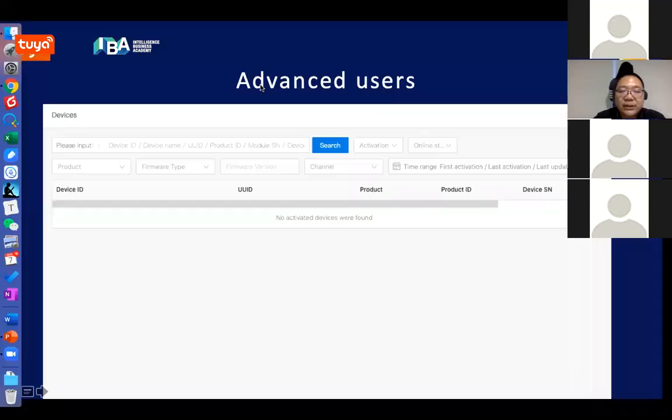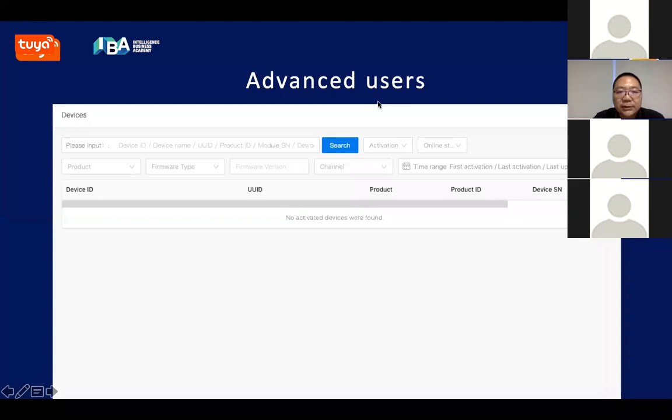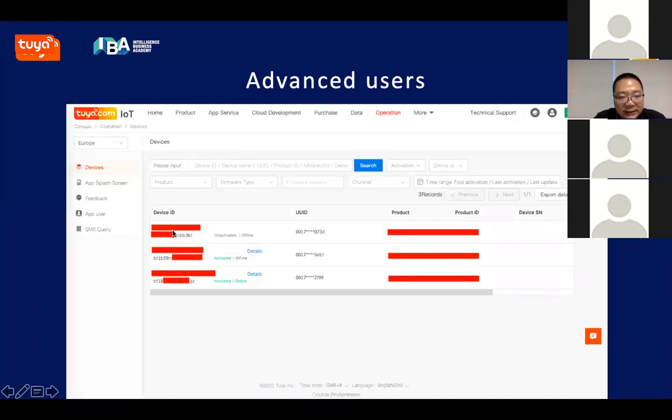I use a PPT because some data are confidential, so let me explain how to use it in the PPT. You put the device ID or PID here and search. You will get the single device. And if you click into the details, you will see the details of the device.